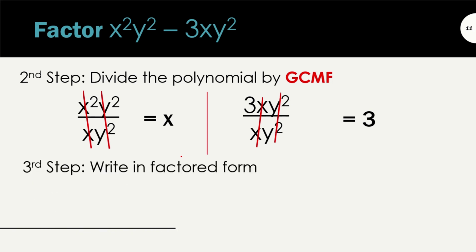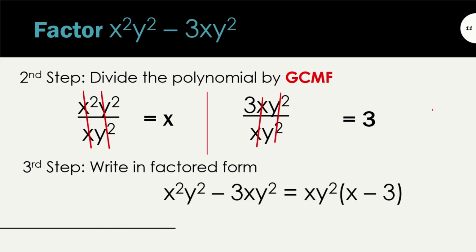Now, let's go to third step, which is writing in factored form. So, if we write this in factored form, ganun ulit yung susundin natin. So, uunahin muna natin is yung ating GCMF. Then, followed by the quotient ng first and second term kanina, we have here x and 3.